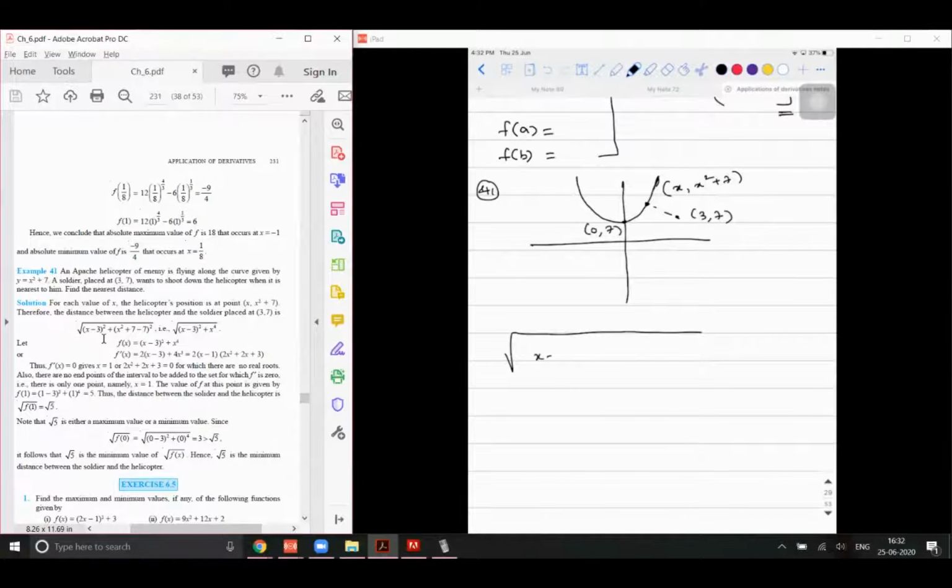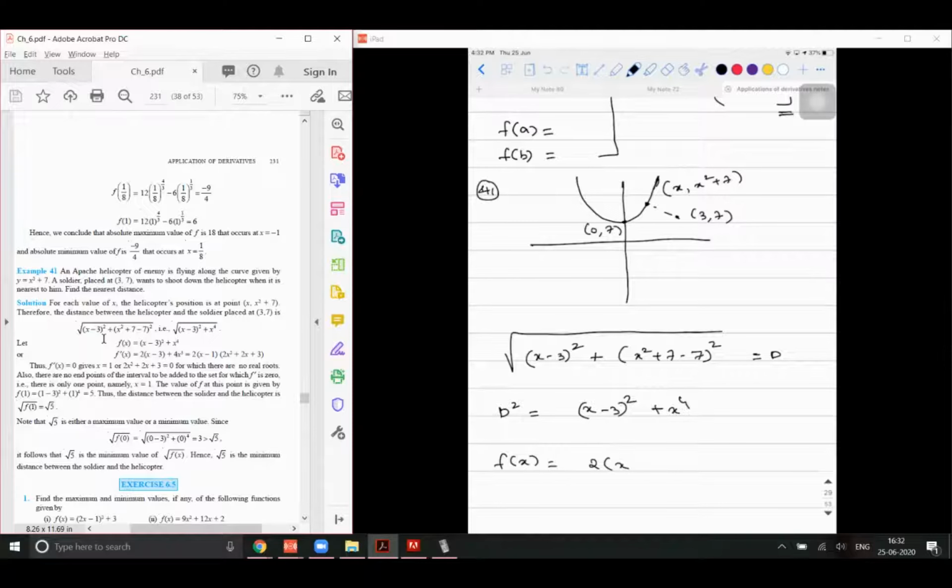So the distance is the root of x minus 3 the whole square plus x square plus 7 minus 7 the whole square. When the distance is least, distance square will also be the least. So this will be a function of x.